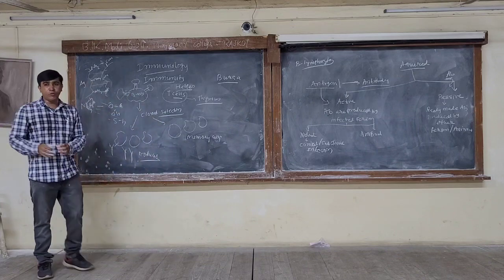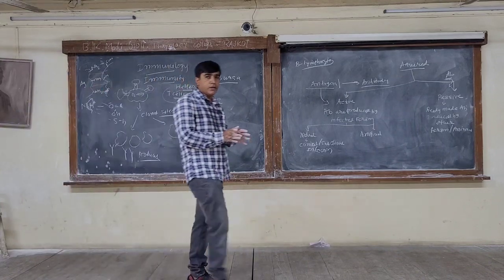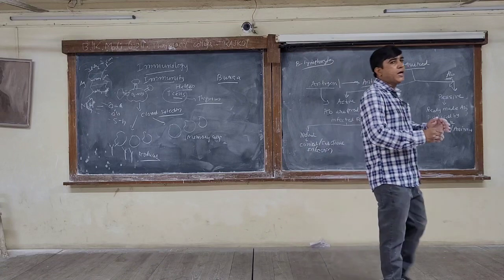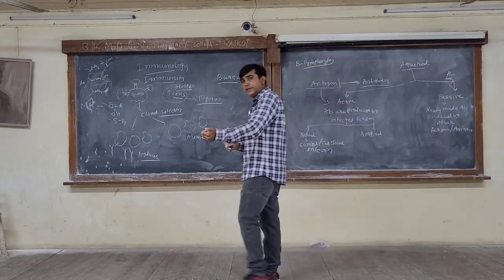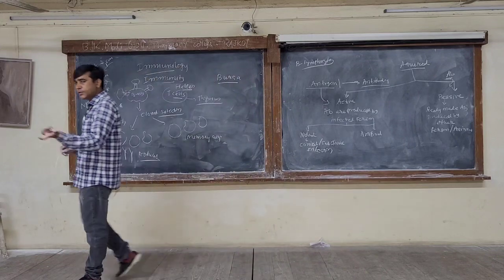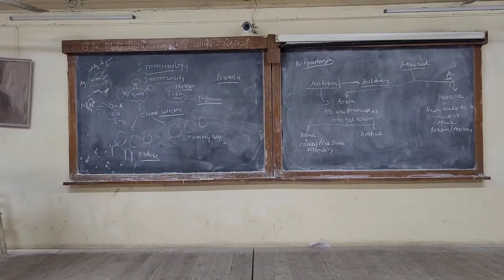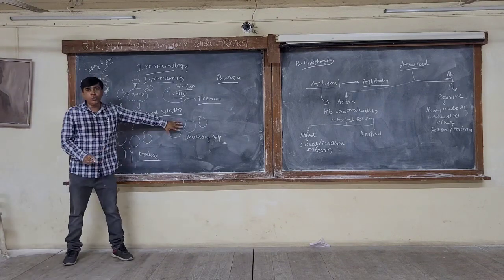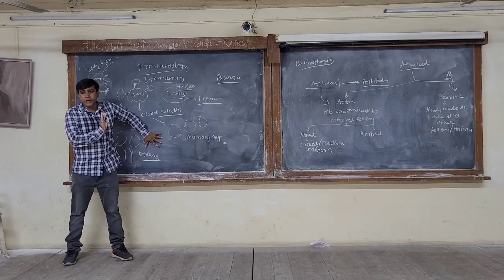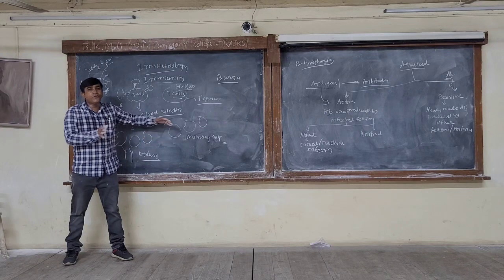These producer cells are now circulating in the blood. They will produce the antibodies, they will target the antigen, the antibodies will utilize the antigen and will lead to phagocytosis. So this is called clonal selection. Two clones are produced and they are having two different functions.